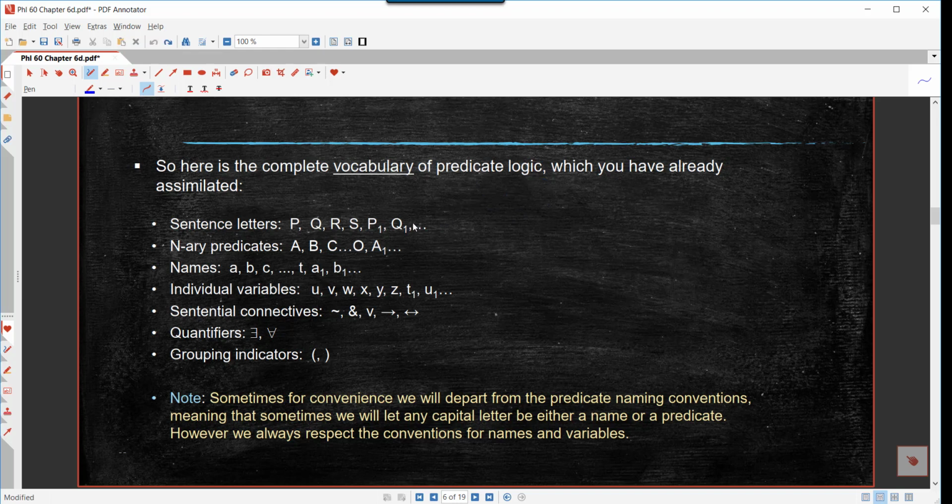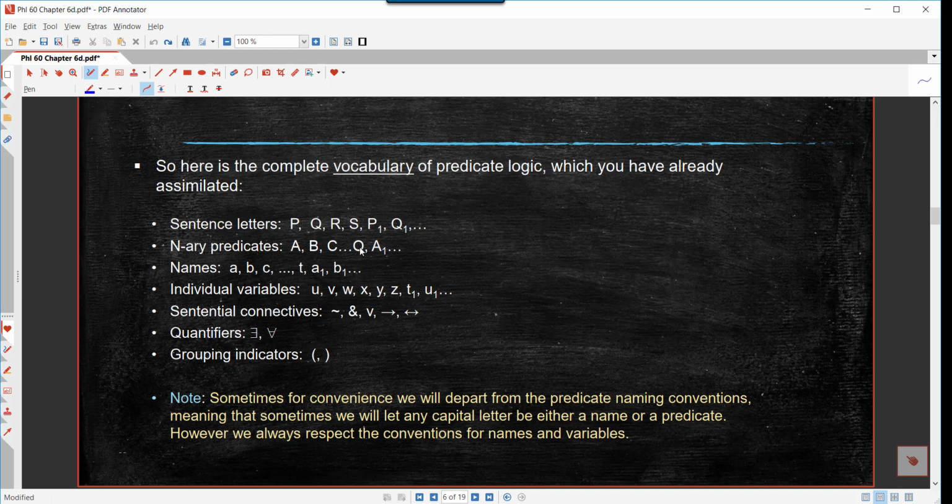Because we still have propositional logic in the system, when we're being technical, what we say is that we confine propositional logic symbols to P, Q, R, and S, and then P1, Q1, etc., with subscripts, P2, Q2, P3, Q4, etc. And that gives us an infinite amount of those.